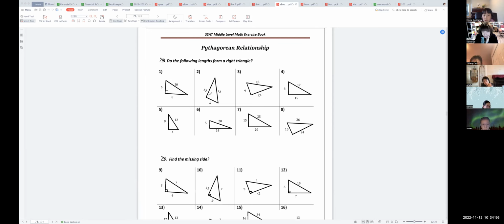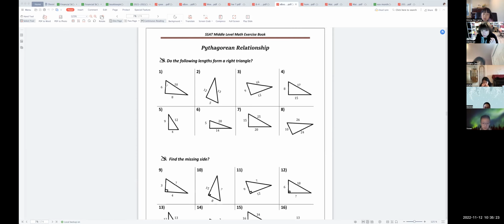Everybody, the Pythagorean theorem can only be applied when the triangle is a right triangle. That is very important, okay? It's like if you want to go to the boys' washroom, you have to be a boy; if you want to go to the girls' washroom, you must be a girl. So in order to use the Pythagorean theorem, you have to have a right triangle.